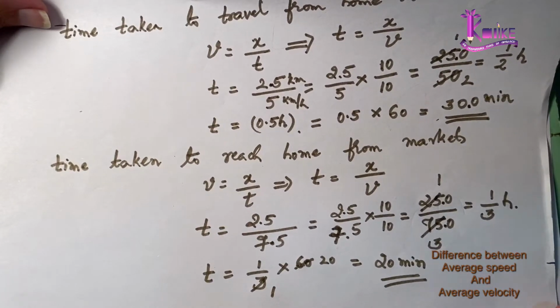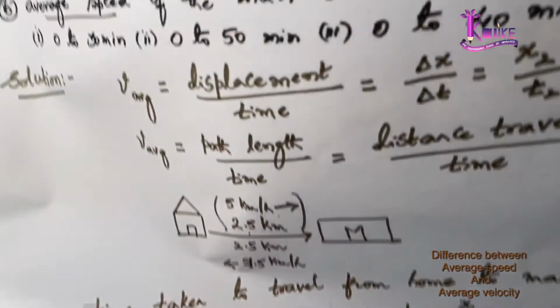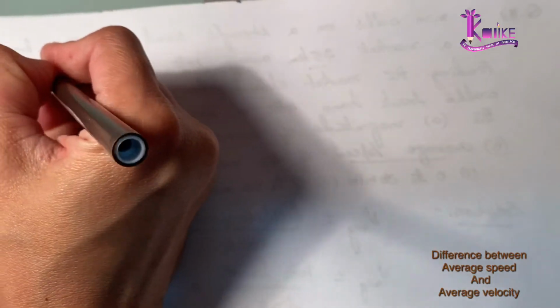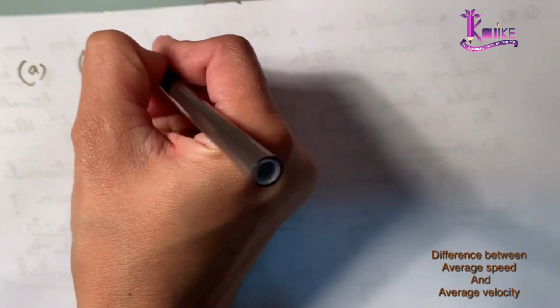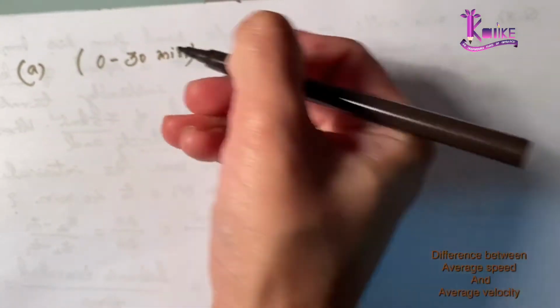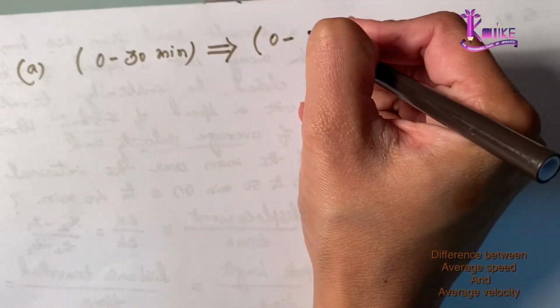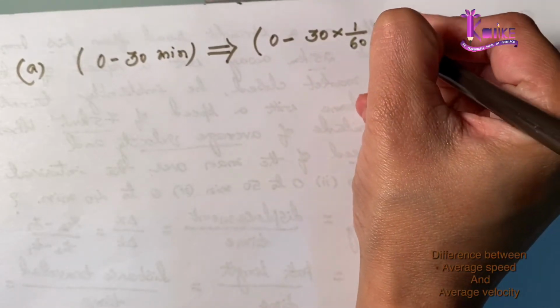So this is a valuable data. Now we will use this to solve what is being asked in the numerical. Now let's get going, calculate the average speed and average velocity. So first, the time interval is 0 to 30 minutes. Now what is 0 to 30 minutes? 0 to 30 minutes is also nothing but 0 to, what is 1 minute? 1 minute is 1 by 60 hour.